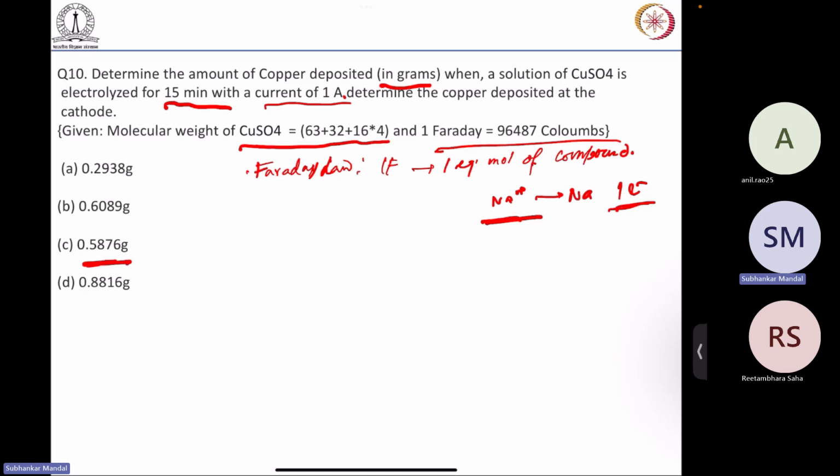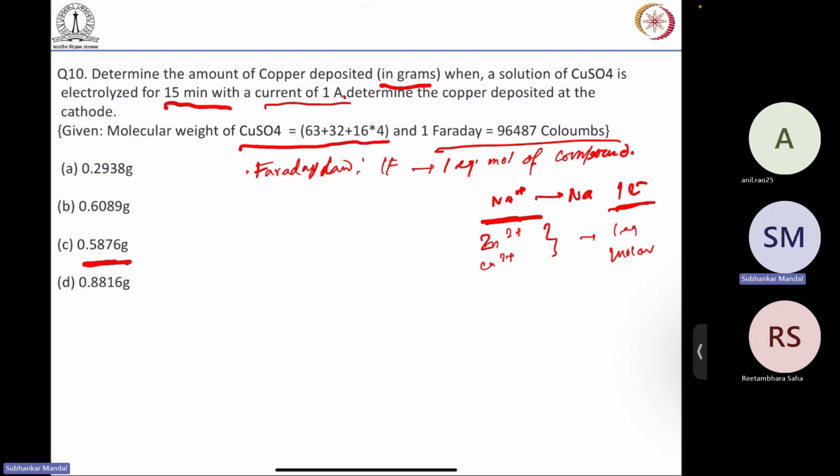In the case of sodium, as it is univalent, the molecular weight and the equimolar weight are the same. But in the case of zinc or copper, that is copper 2 plus and zinc 2 plus, the equimolar and molar concentration are not the same.